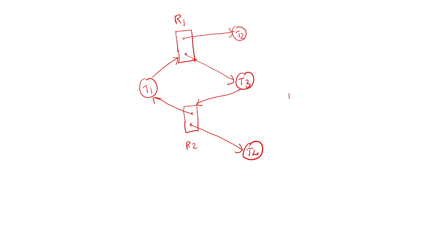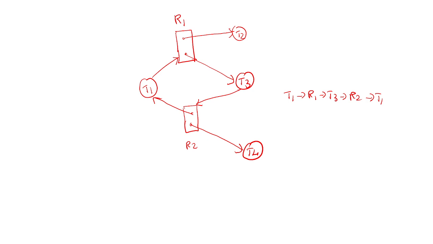So here the cycle is T1, R1, T3, R2, but not all the threads are in the cycle. R1 will be available once T2 releases it. T2 is not waiting for any other resources, so it can complete its execution and release R1. Like that, R2 will be released once T4 completes its execution, because T4 is also not waiting for any other resources.